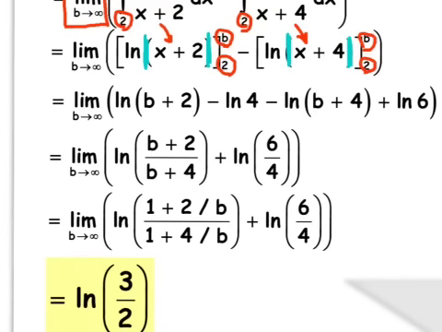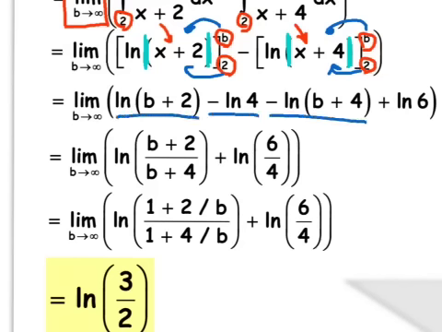Now after we plug the b in and the 2 in for x, after we use the fundamental theorem of calculus, we have the natural log of b plus 2 minus the natural log of 4 minus the natural log of b plus 4 plus the natural log of 6. Well, we could take advantage of some of these properties of natural logs here. First of all, if we have the natural log of b plus 2 minus the natural log of b plus 4, we could condense that to the natural log of b plus 2 over b plus 4.